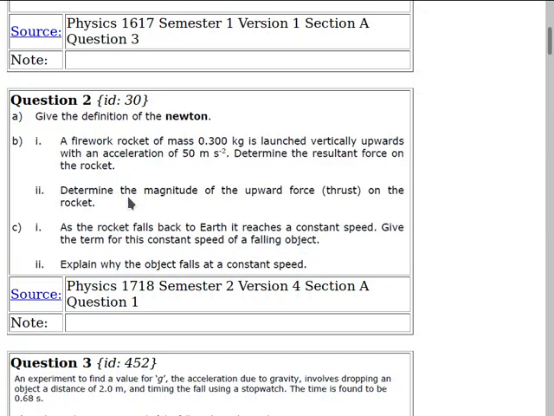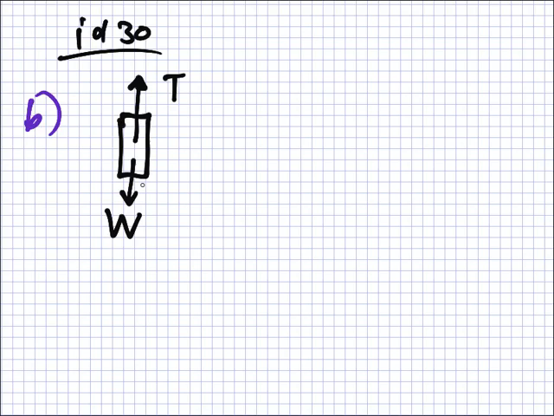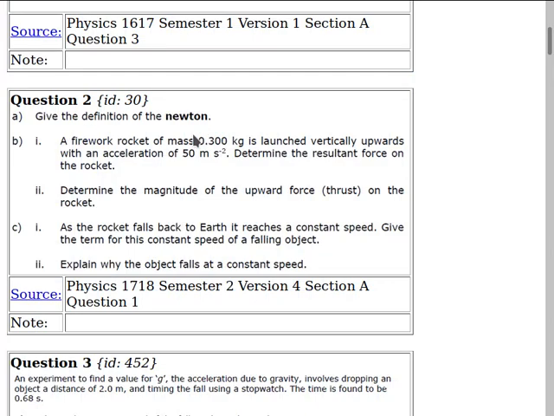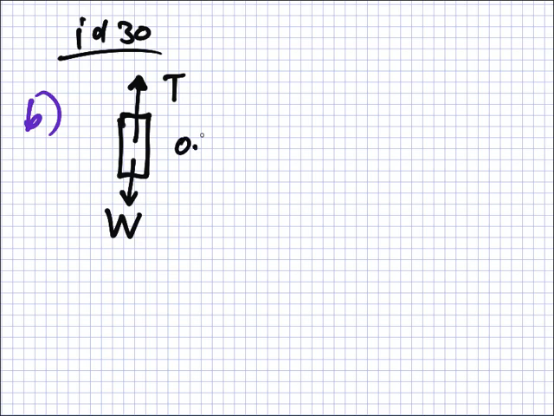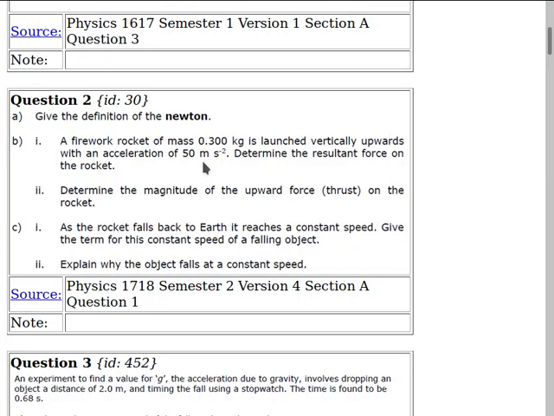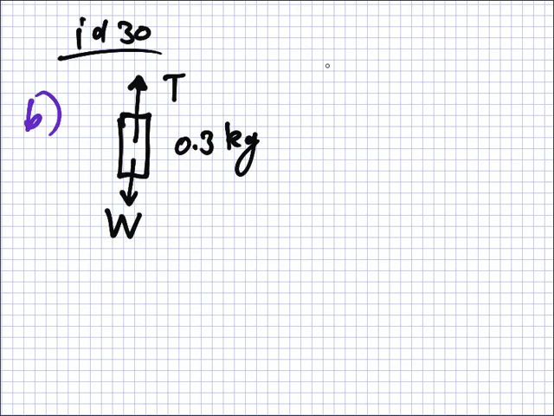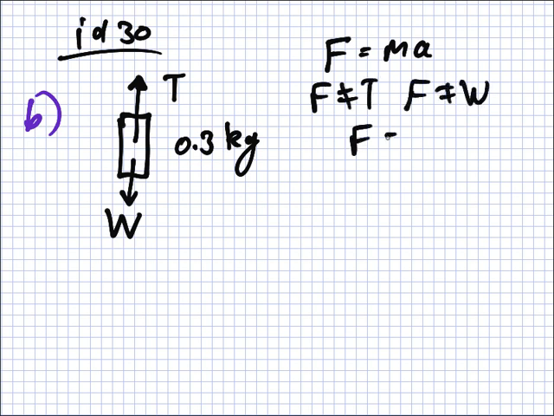It doesn't mention anything about drag just yet, but there might be later. We know the mass is 0.3 kilograms. That 50 would be the total acceleration. If I use F equals ma, this F is not T, and it's not W, but the total, T minus W.